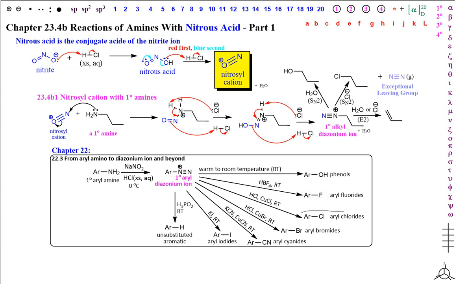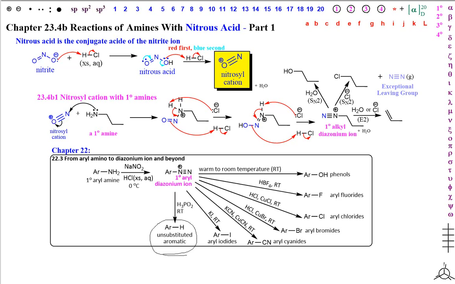We have two more ways of making chlorides and bromides here. We have our first way of making an aryl cyanide here, and an iodide, and an unsubstituted aromatic here. You might want to go back to chapter 22 and see when this reaction might ever be useful.